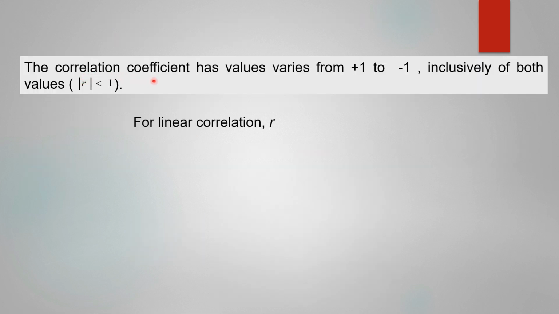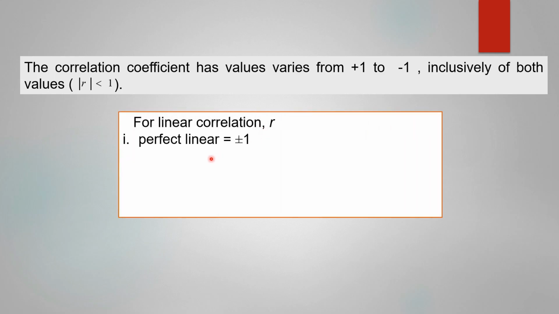The correlation coefficient has values varying from positive 1 to negative 1, inclusive of both values. In other words, the modulus of R is less than or equal to 1. For linear correlation R, the interpretation of the values would be, firstly, that the correlation is perfect linear if the value of R is positive 1 or negative 1.